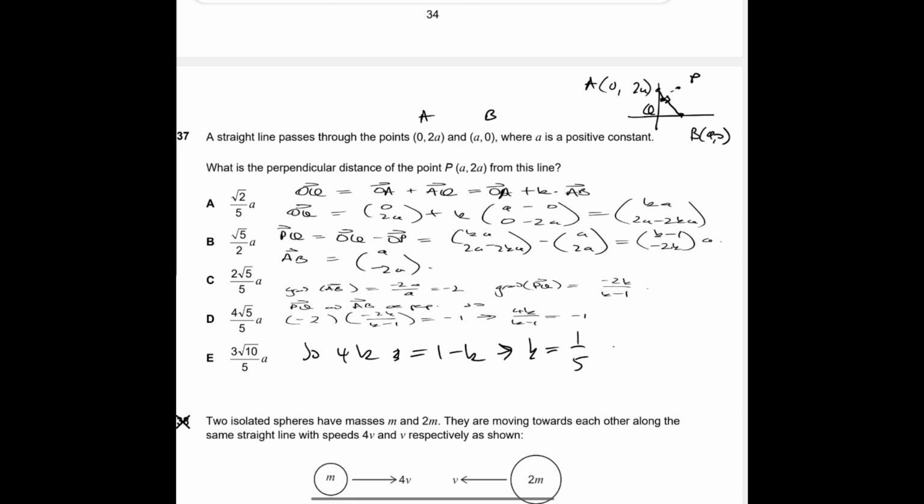So anyways, that makes the magnitude of PQ, which is what we're trying to find.